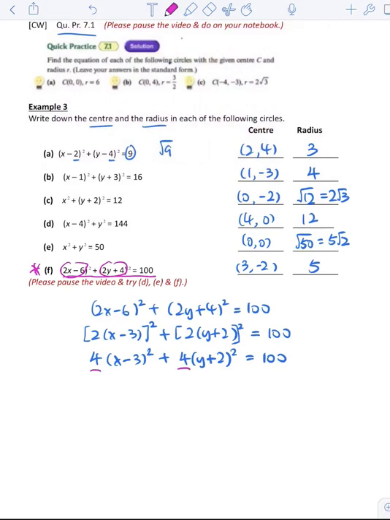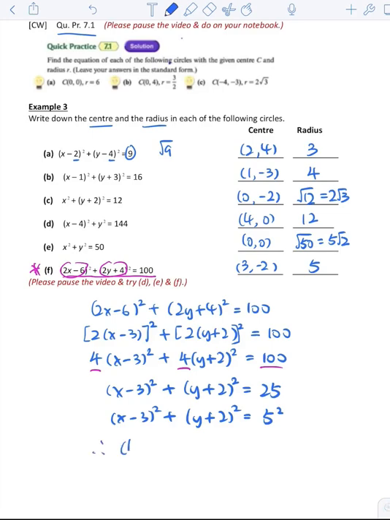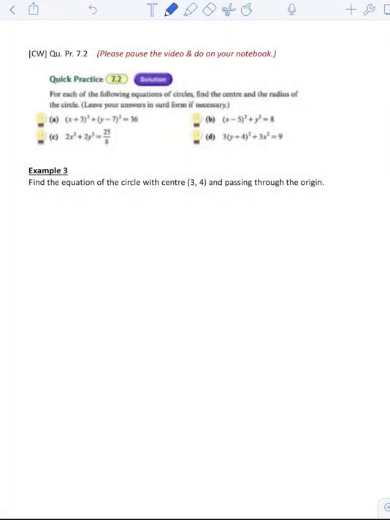By dividing both sides by 4, you can get the equation of the circle in standard form. Now you can try yourself. Do some classwork, Quick Practice 7.2.